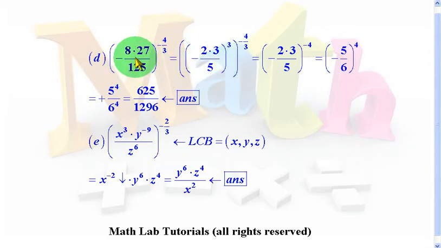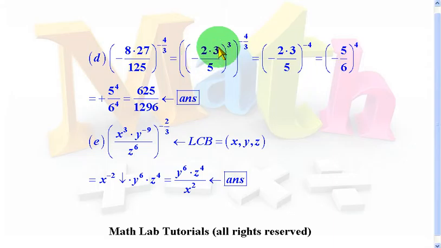We know that negative 1 to the power 3 is negative, so we're good to go with a negative sign inside. We know that 8 is 2 to the power 3, so we can put a 2 here. 27 is 3 to the power 3, so we can put a 3 here. And 125 is 5 to the power 3, so we can put a 5 here. Okay, so if you re-expand this, you'll see that it works out.